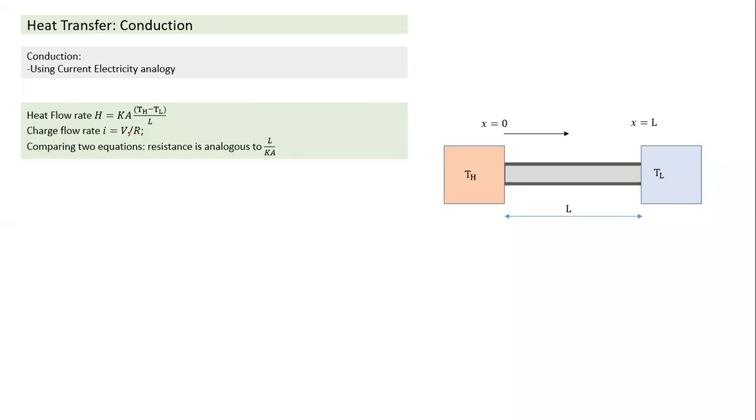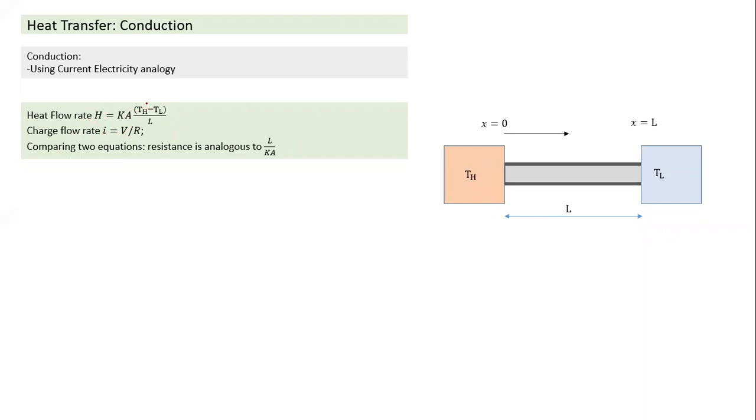If I compare heat flow with charge flow, this is heat flow rate and this is charge flow rate. This is delta Q by delta T, Q being the heat, and here it is charge by time. What is driving heat flow? Temperature difference. What is driving current flow? Potential difference. So these two terms are similar.